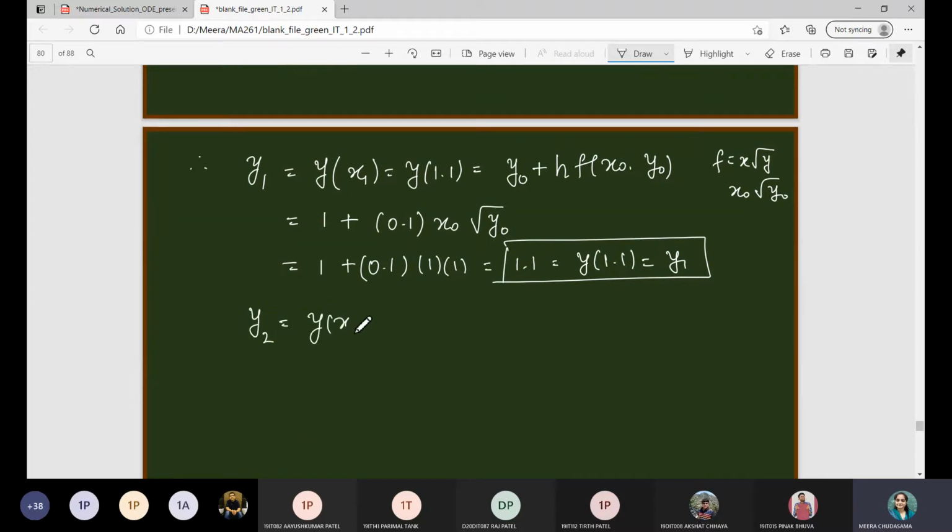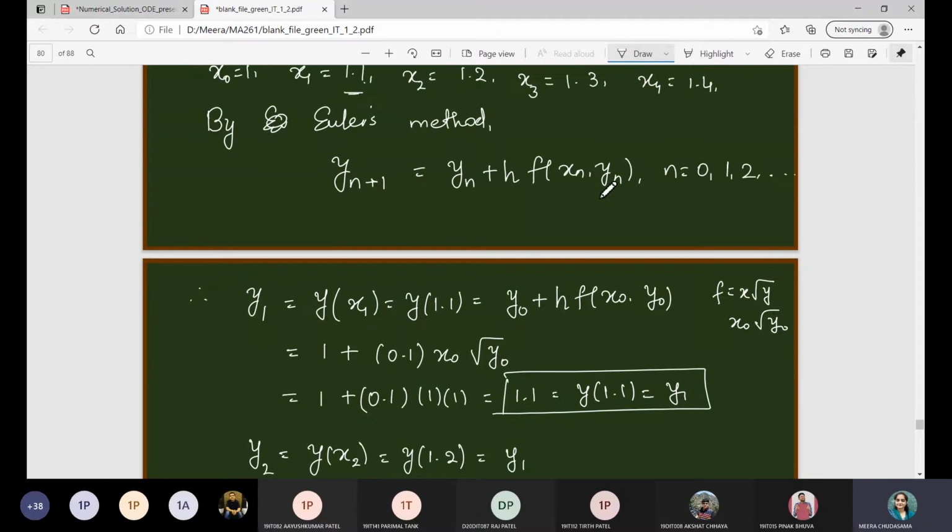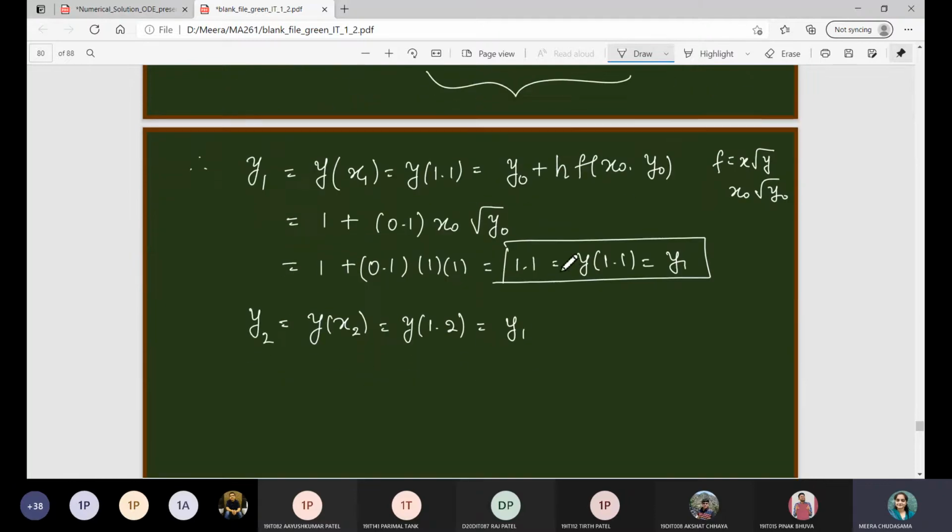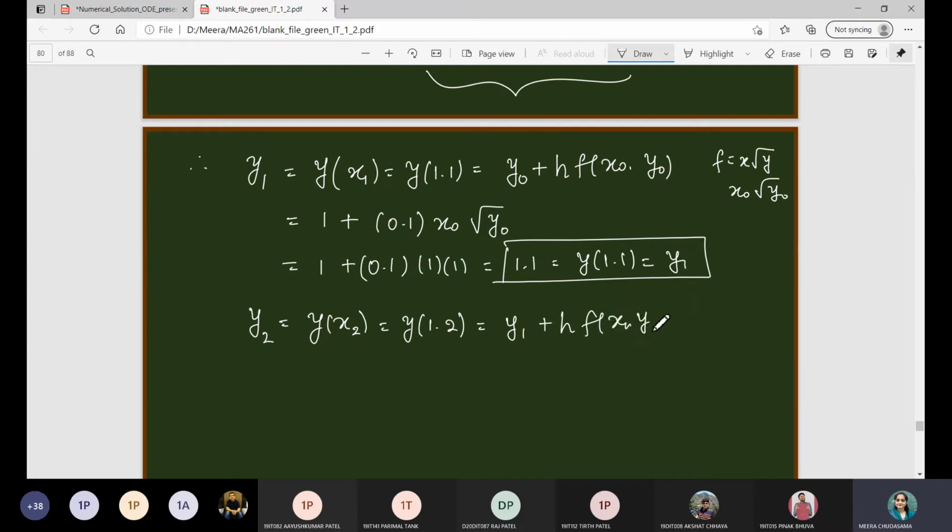Next we have to consider the second approximation y2, that is y at x2, which means y at 1.2. By the formula, in this expression we have to substitute n is equal to 1. So y1 plus h f at (x1, y1). y1 we have evaluated, which is 1.1, plus h, which is 0.1, and f will be x1 into square root of y1.